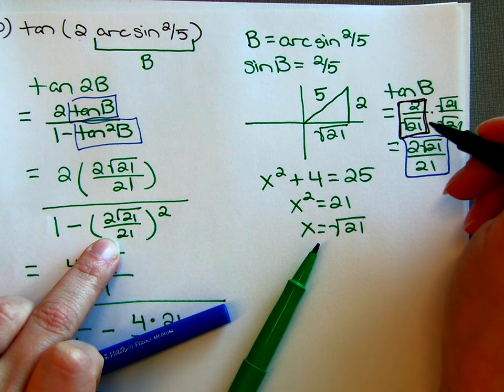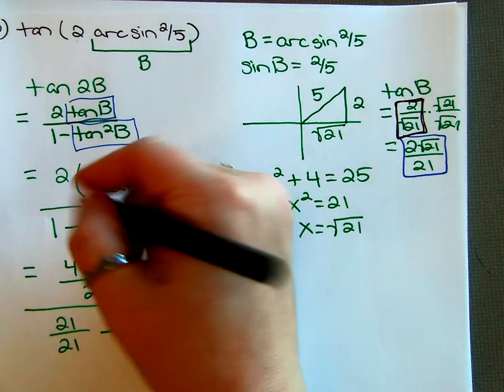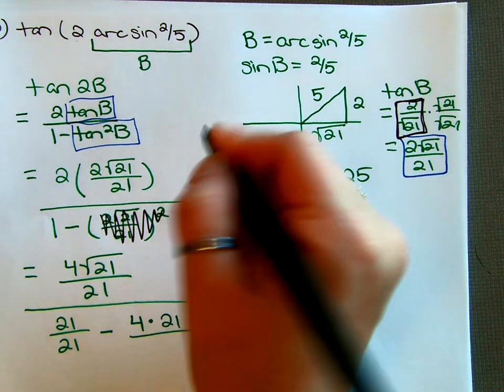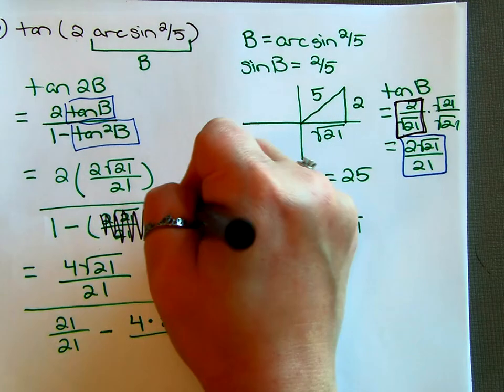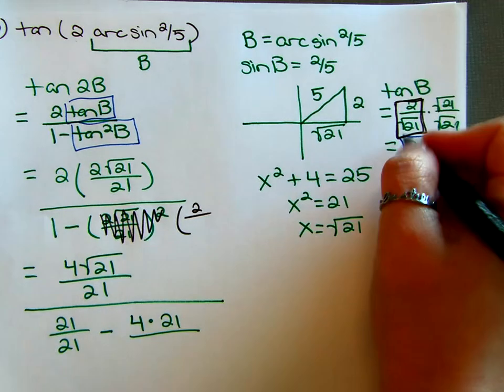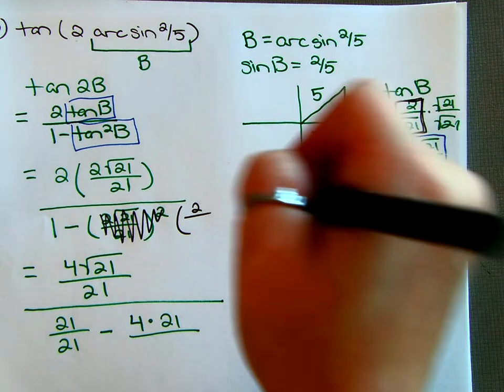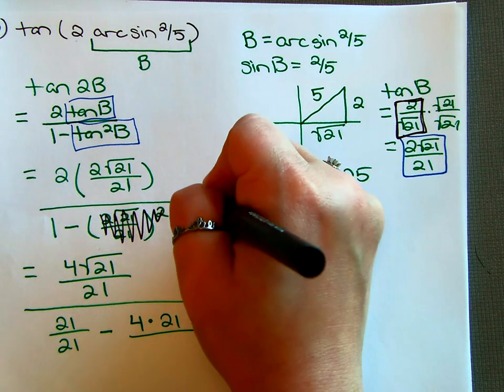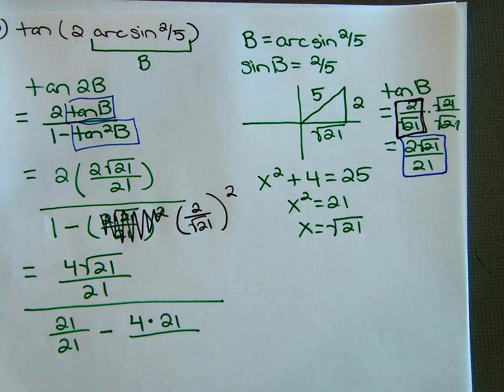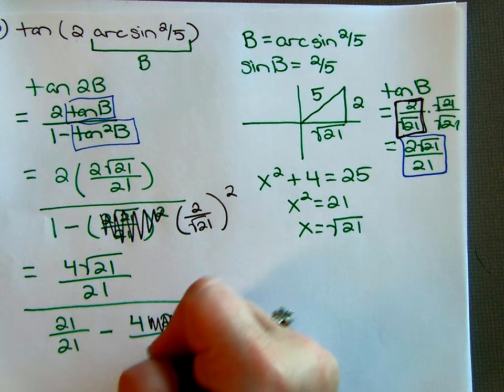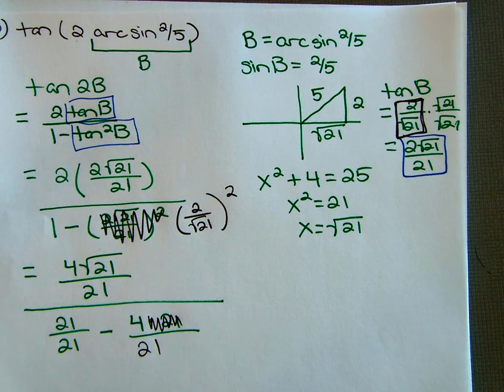So I recommend doing that. There's nothing wrong with using the already rationalized one, except that it's going to get really gross. Whereas if I leave it like this, all I end up with is 4 over 21, which is much nicer and more user-friendly. I don't have to take 21 squared or do any of that.